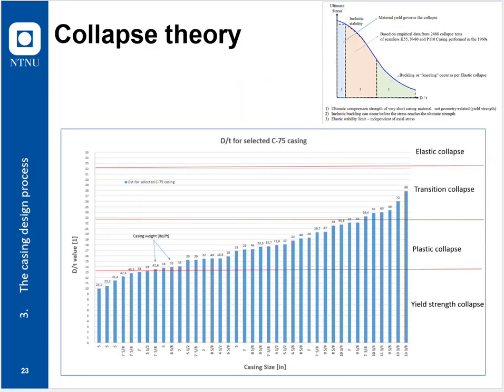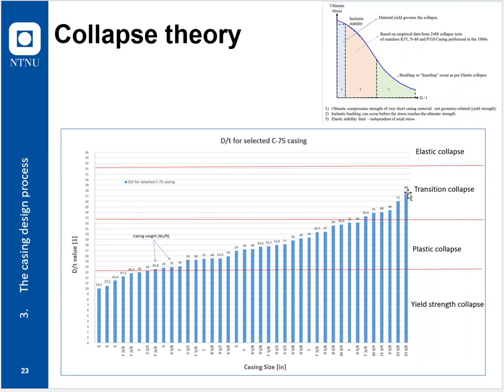Let's go back to this slide again. We see that the majority of pipes, at least in the 75,000 yield, they reside in transition and plastic collapse. At least of those pipes that we are using, 13 3/8, 68 pound per foot is a very common pipe.